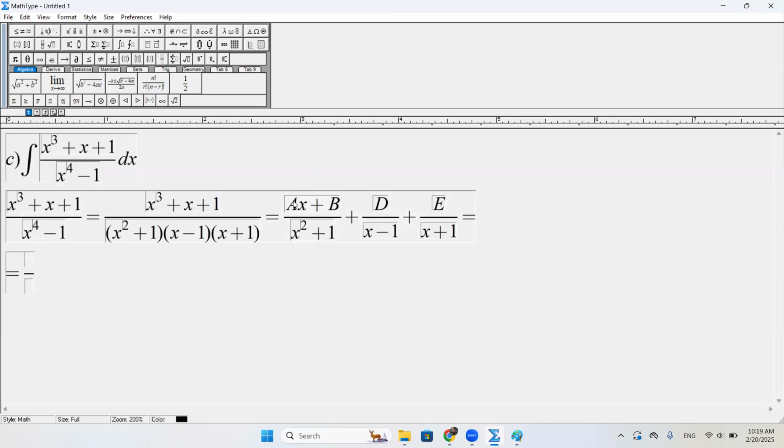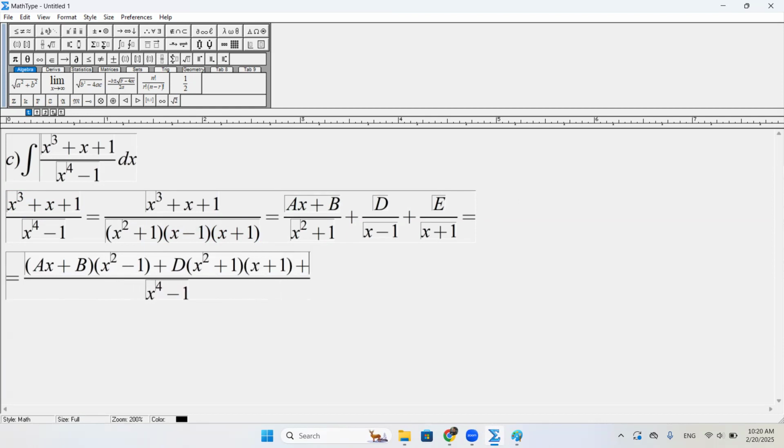The common denominator: ax plus b multiplied by x squared minus 1, plus d multiplied by x squared plus 1 by x plus 1, plus e multiplied by x squared plus 1 and multiplied by x minus 1. Now let's expand the brackets again.